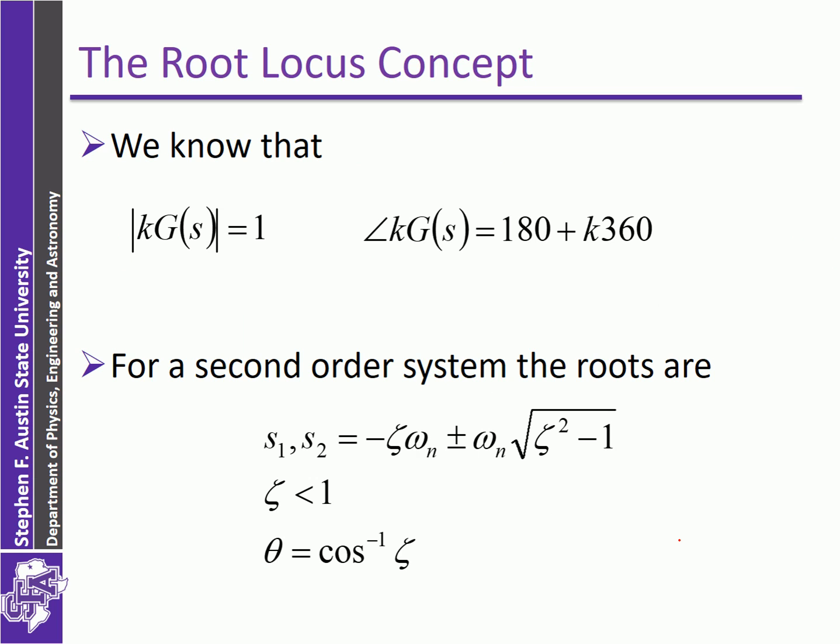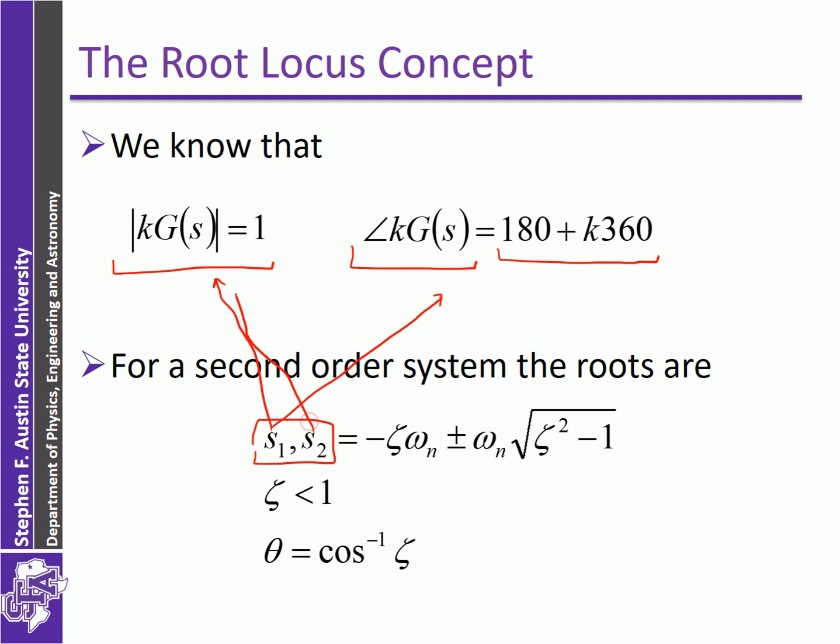So we know that these conditions should be satisfied. The magnitude of k times G(s) should be equal to 1, and the angle of k times G(s) should always be equal to 180 degrees. So that means the roots that we are going to find from that second order polynomial should satisfy those conditions. If we substitute s1 here and s1 here, it should satisfy that condition.